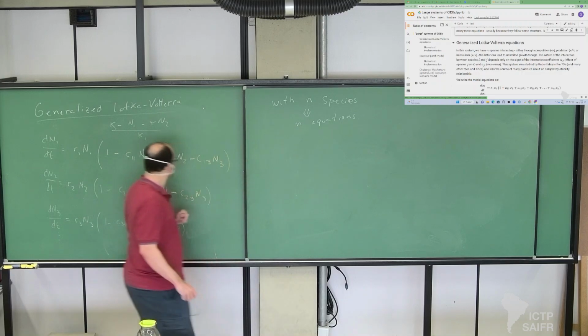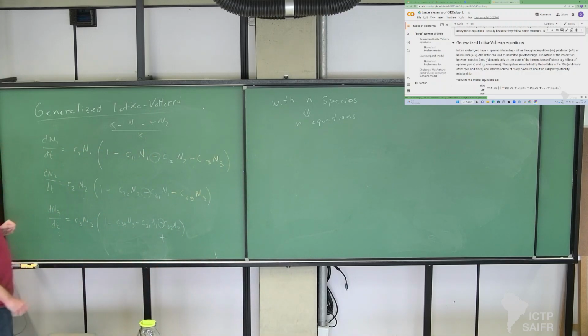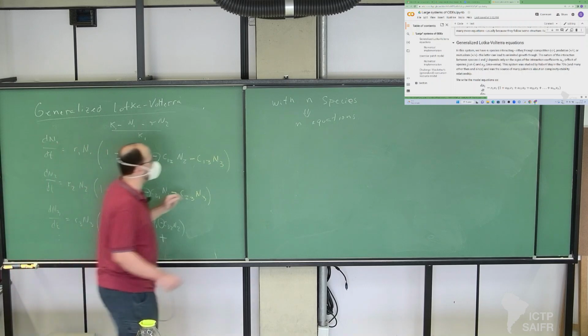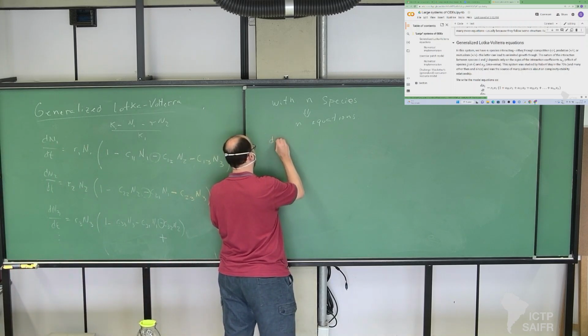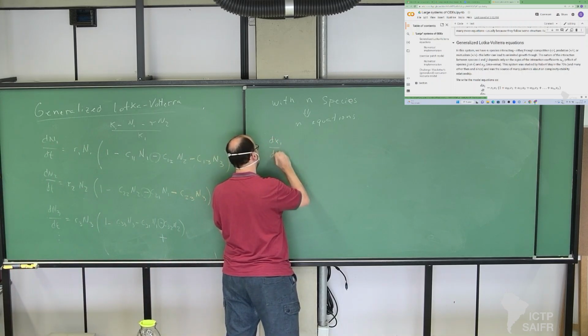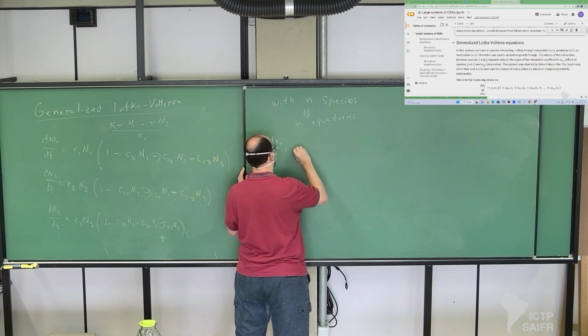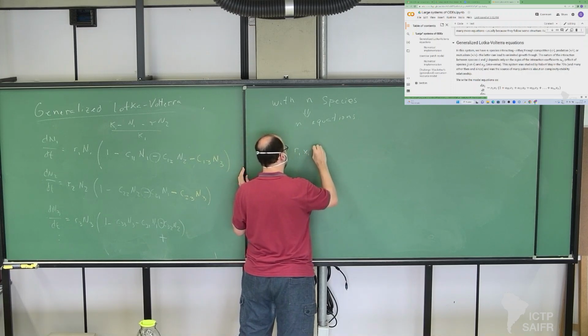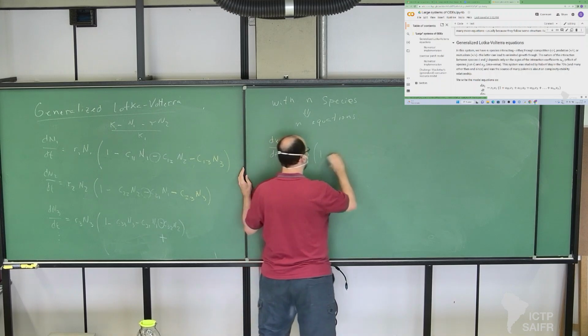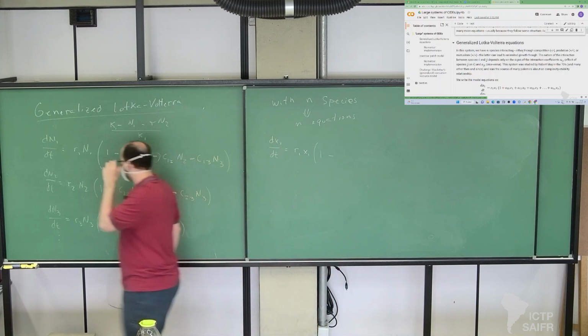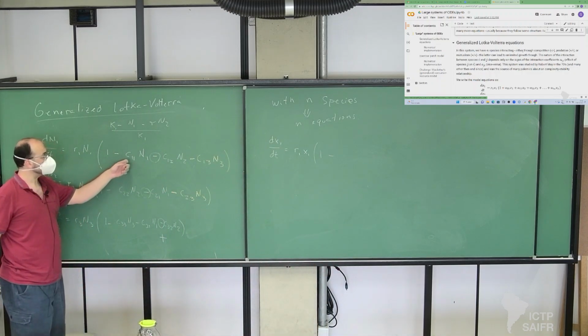Because I'm using n, I'll switch to x as a notation. Is it okay? So I'll write the equation for x1: dx1/dt is r1 x1 multiplied by 1 minus, and here there will be a summation of terms.